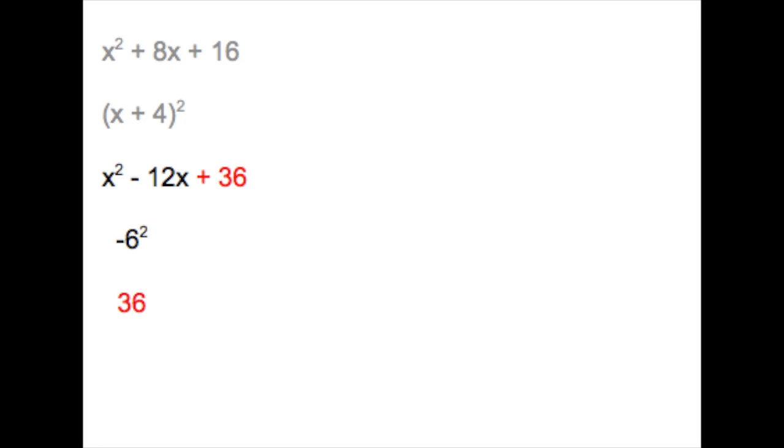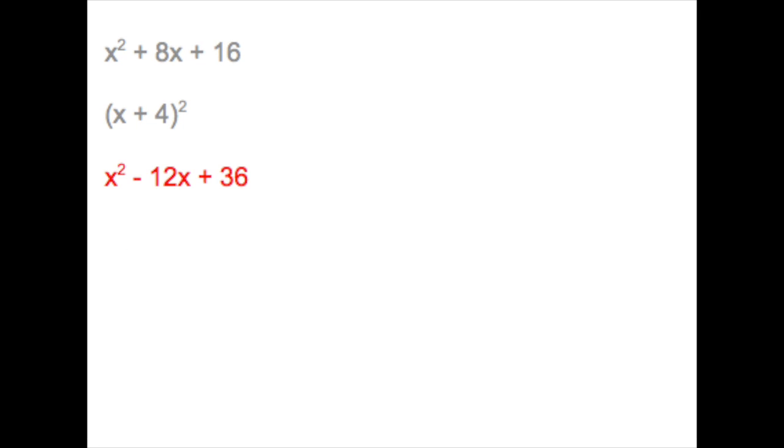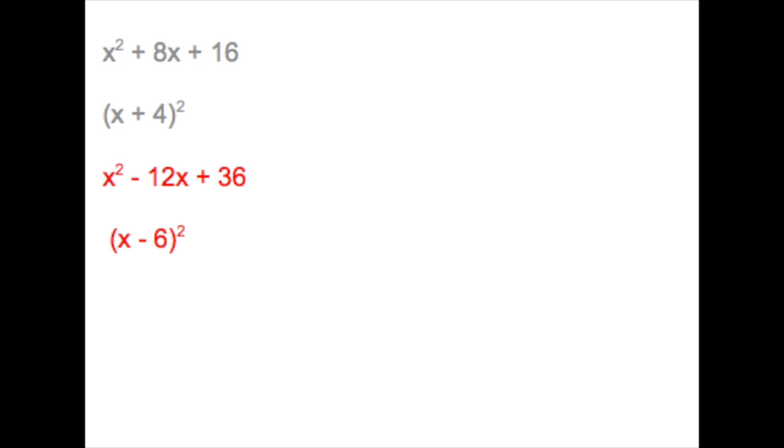And this becomes our c value. Now, x squared minus 12x plus 36 is a perfect square trinomial because x minus 6 squared, or x minus 6 times x minus 6, would equal x squared minus 12x plus 36. Again, we get this value, negative 6, because it was half of our b value.